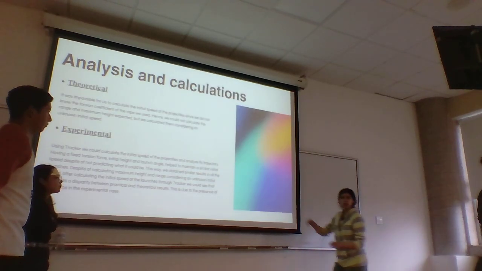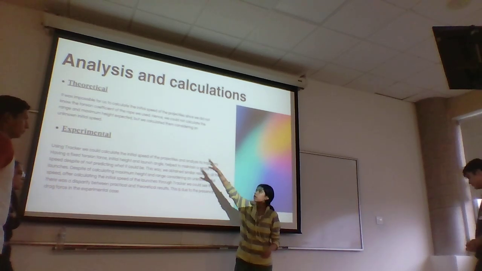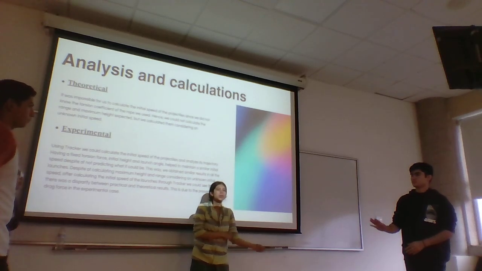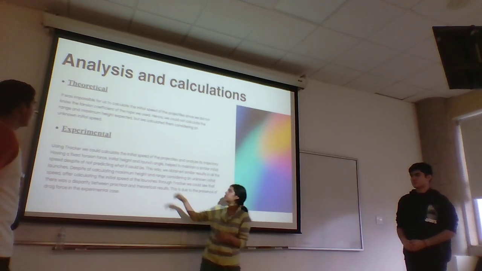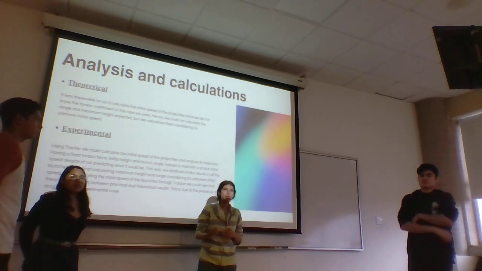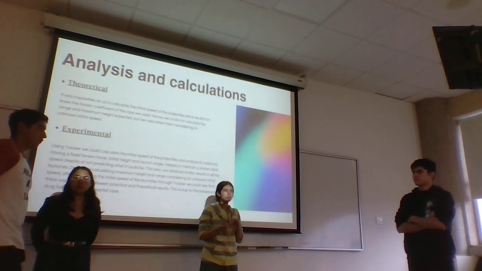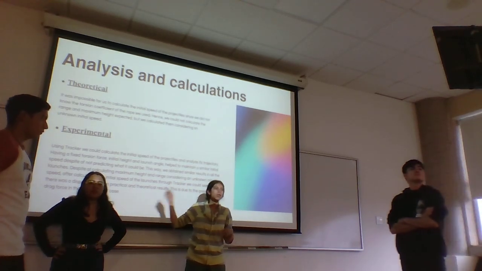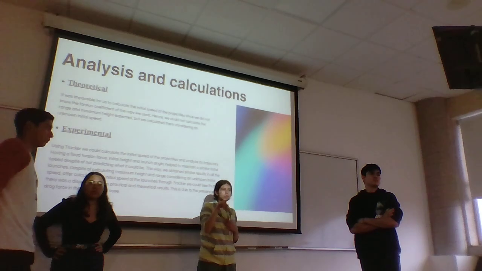So now talking about the analysis and the calculations, theoretically, as I think they already mentioned, we didn't have the initial velocity, we couldn't calculate it because we didn't have the torsion coefficient of the string that we were using. However, as you saw in the previous slides, we used the variable d squared.